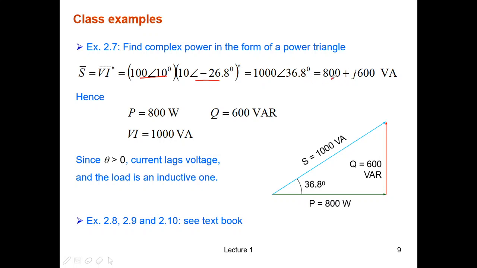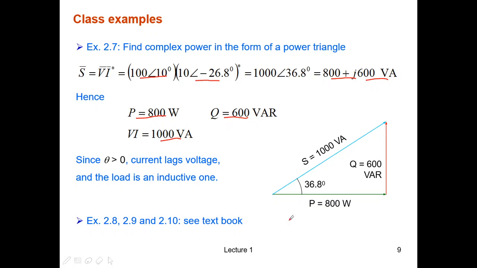The real value will be 800 and the imaginary will be 600. Okay, and therefore P is 800 and Q is 600. Remember, they are real values. And the apparent power, the magnitude of voltage multiplied by the magnitude of current, will be 1000 volt-amperes. So you can see 3 units for 3 different powers.